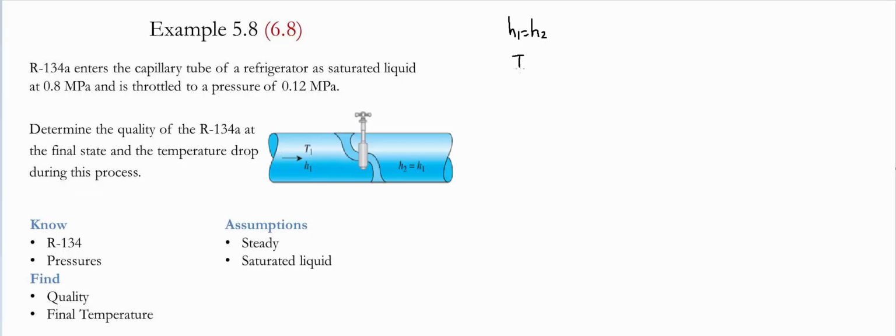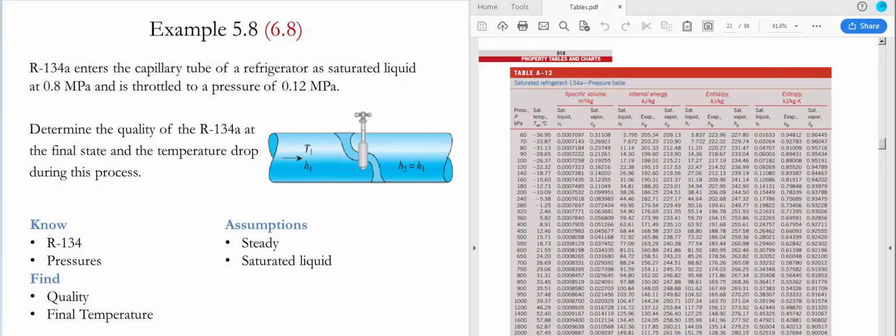We're going to use the information that we have at the inlet to be able to find the value of that enthalpy. At the inlet, we know that the pressure is equal to 800 kilopascals, and we also know that it's going to be a saturated liquid. Therefore, we're going to go to table A12 to get the information.